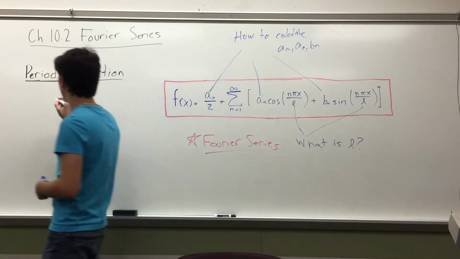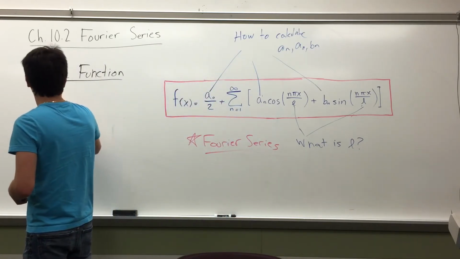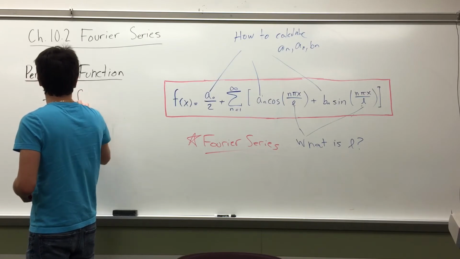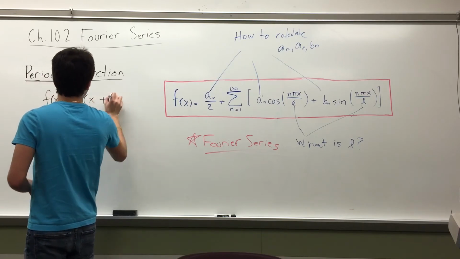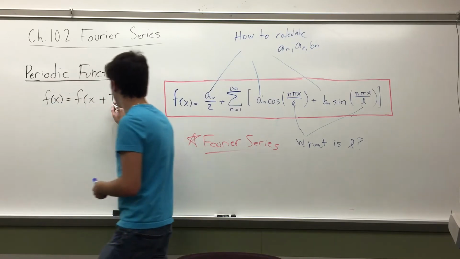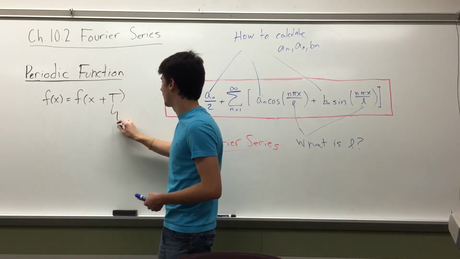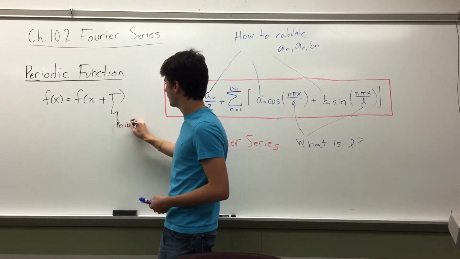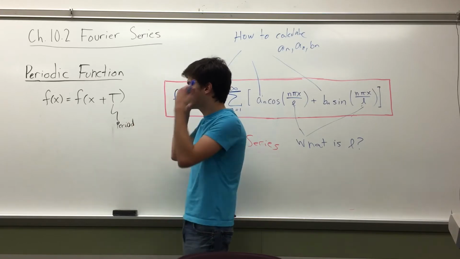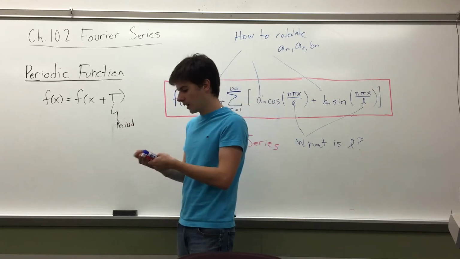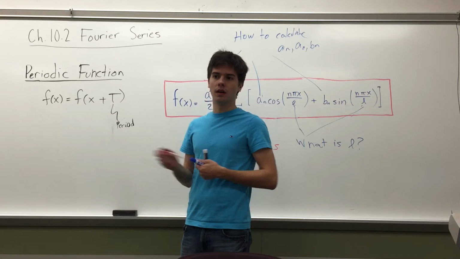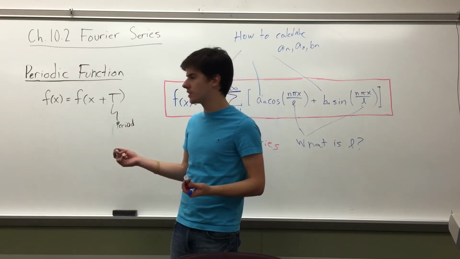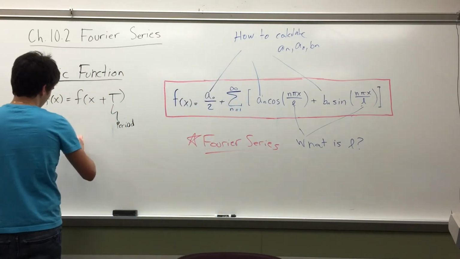A periodic function means that f of x is equal to f of x plus T, where T here is the period. So let's try to understand what this means. Let's take an example of a periodic function such as f of x is equal to sine of x.